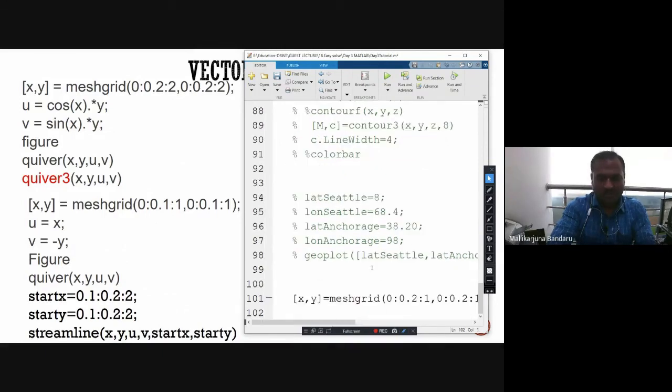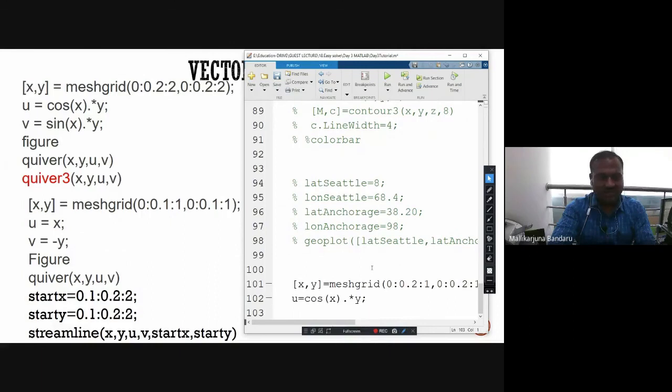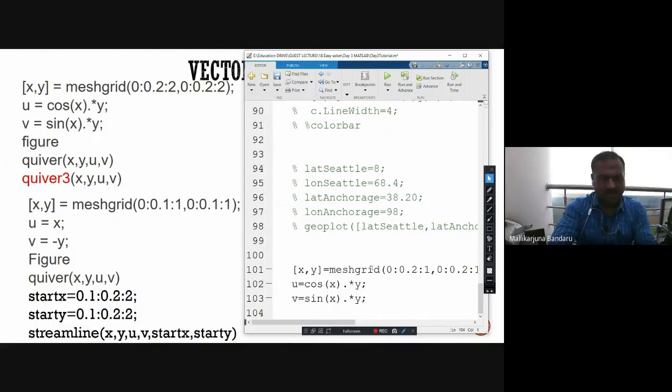Then u is equal to a certain function, cos(x).*y, where y is the vector here, and v is equal to sin(x).*y. quiver(x, y, u, v). Let us run this.